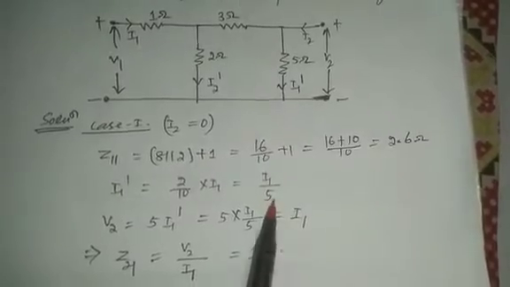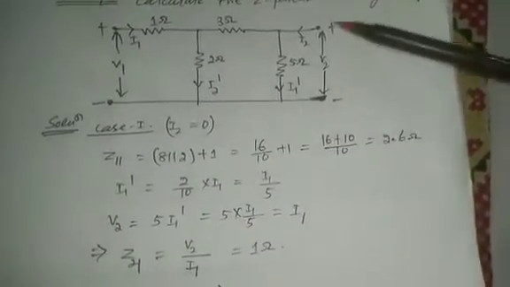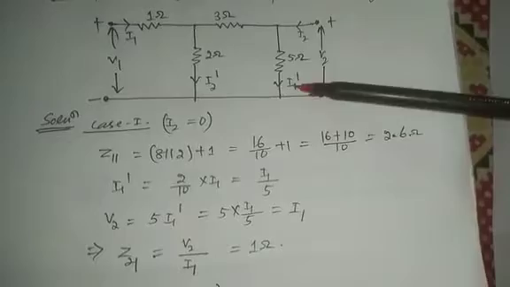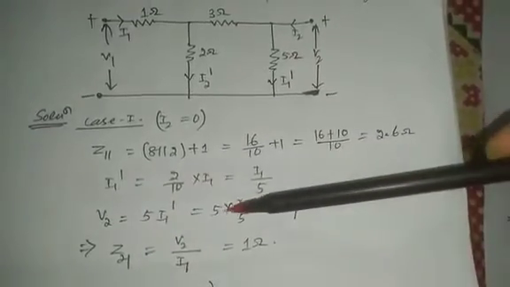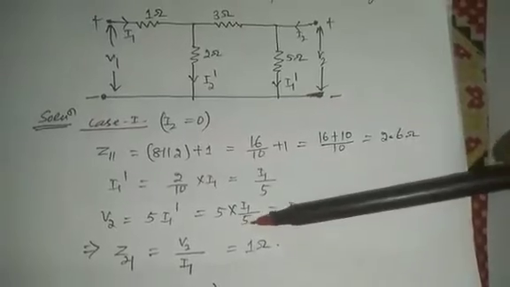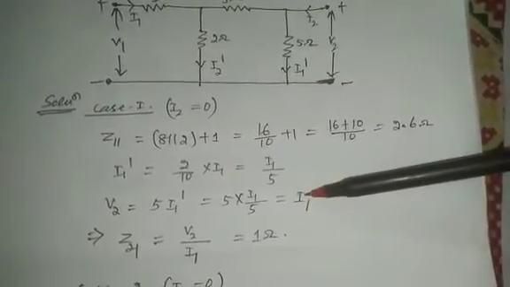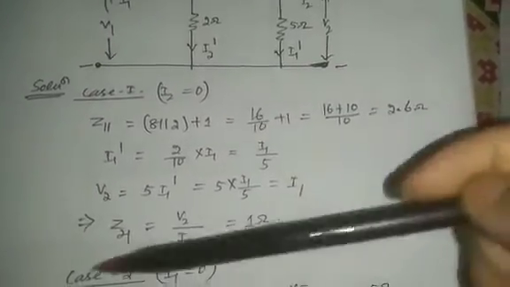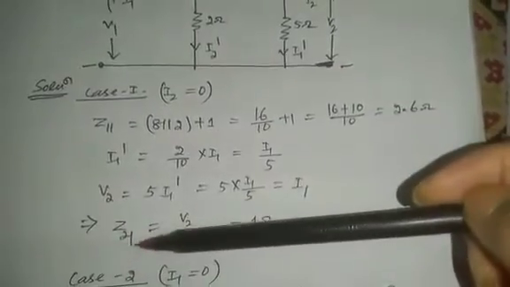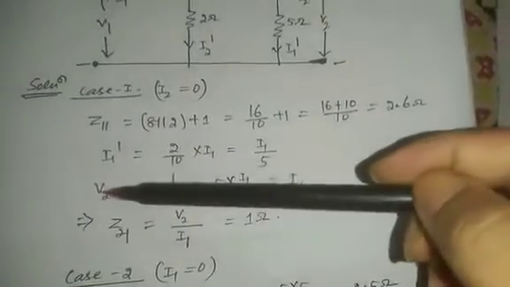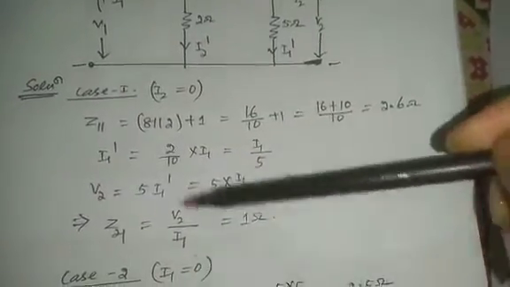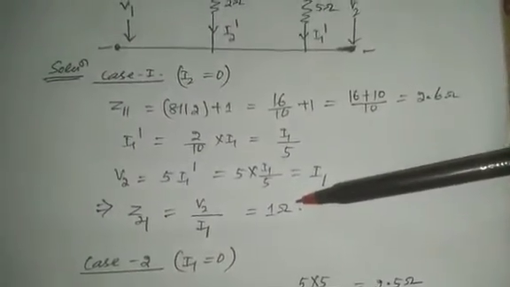You get I1 by 5. Then what is V2? V2 is I1 dash into 5, that is 5 into I1 by 5. The 5 cancels out, you get I1. That is the value of V2. We already know Z21 is equal to V2 divided by I1. At the place of V2 you put I1, I1 cancels out, and you easily get 1 ohm.